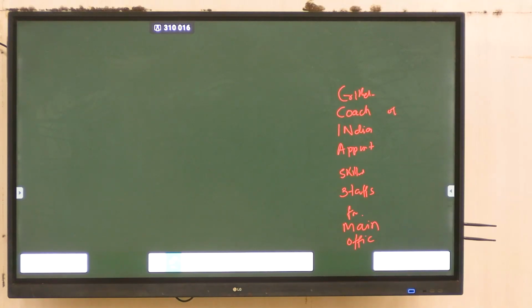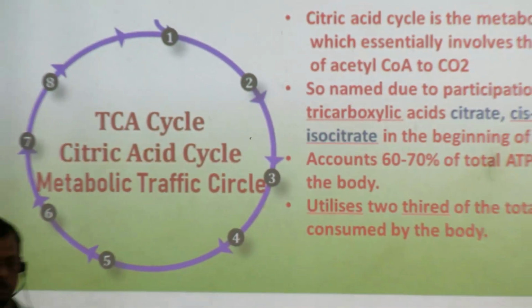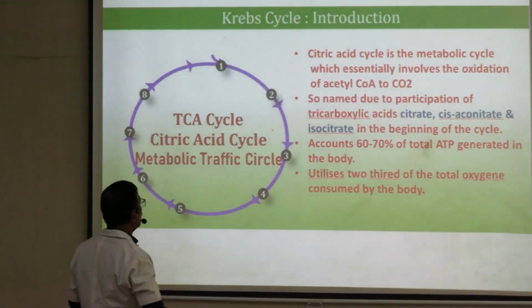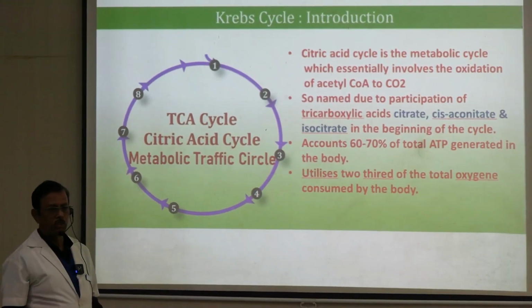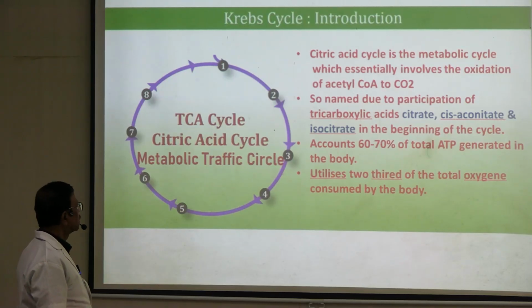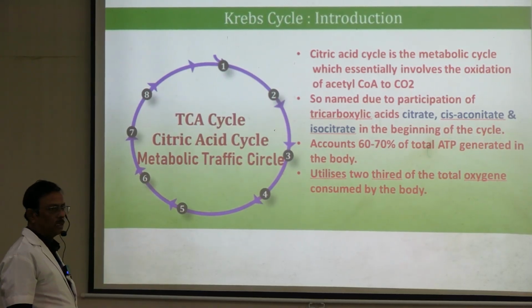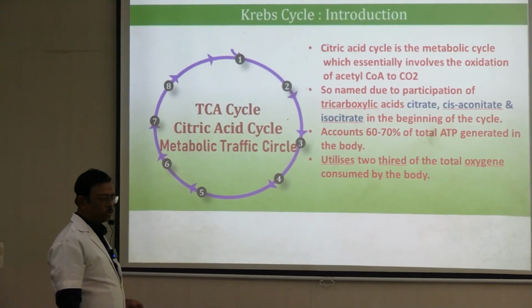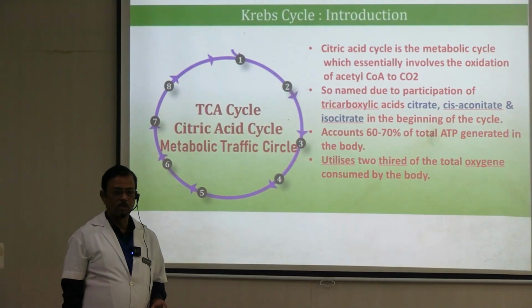Citric acid cycle is the metabolic cycle which essentially involves oxidation of acetyl-CoA to carbon dioxide, producing energy as ATP or reducing equivalents. It is so named due to the participation of tricarboxylic acids, that is citrate, cis-aconitate, and isocitrate.